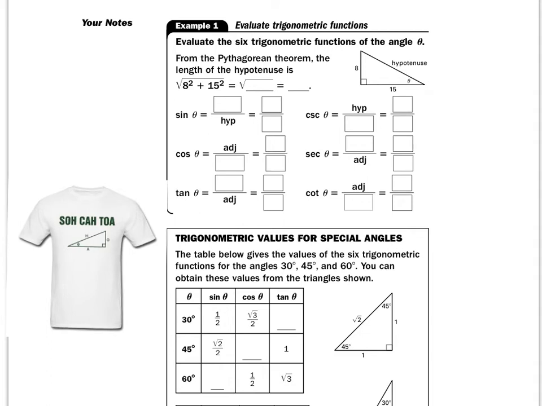So let's see what we have. Evaluate the 6 trigonometric functions of this triangle that you have right here. The first thing you need to do is find the hypotenuse. So we use the Pythagorean theorem. We did 8 squared plus 15 squared. Well, 8 squared is 64, and 15 squared is 225.